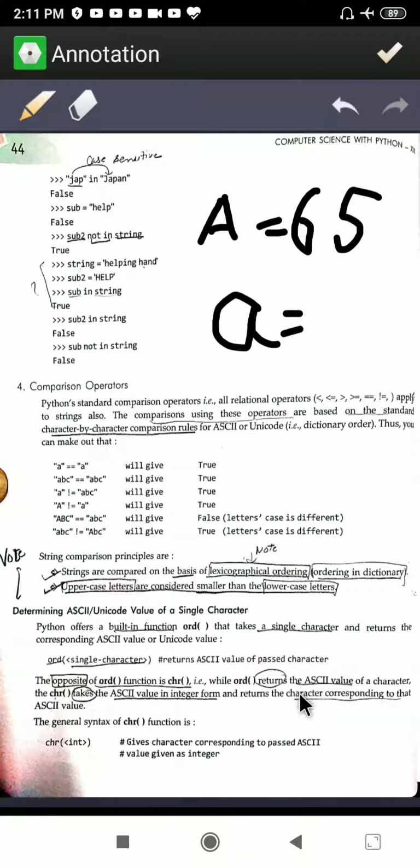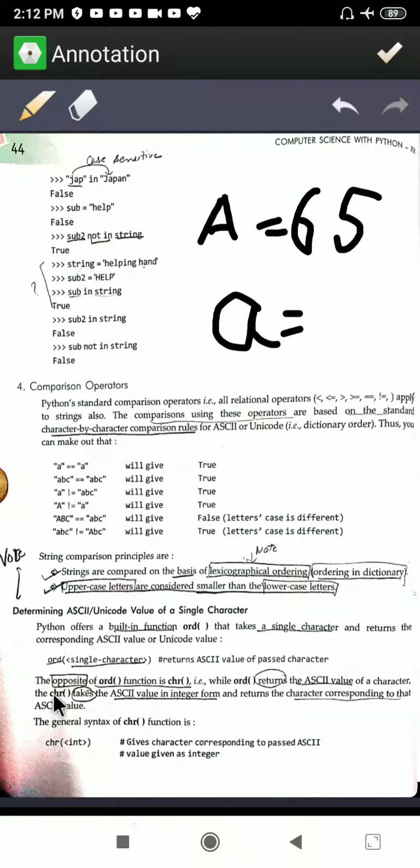Okay, Unicode formatting is used in Python, and in Unicode formatting every character has been given an ASCII value. Full form again I am telling, American Standard Code for Information Interchange. Fine. So there are two different characters, capital A is 65 and small a is 97. So these two are different characters and capital A is considered smaller because its ASCII value is less.